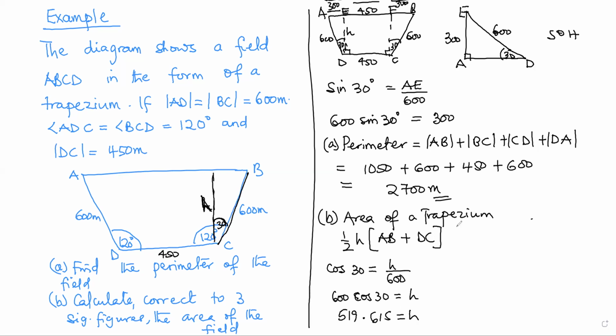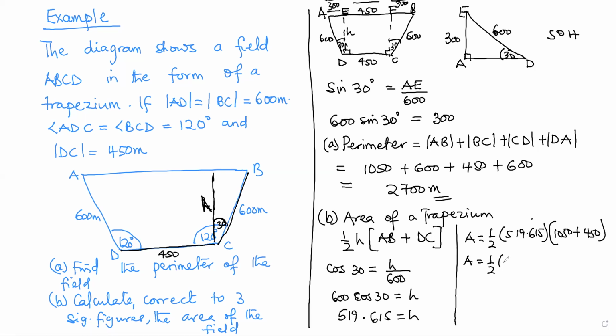So now, having gotten the height, now we can find the area, which is my half, my height, which is 519.615. Then the parallel sides, AB is 1050, as we can see from here. So that's 1050. Then DC is 450. So now we just sum.